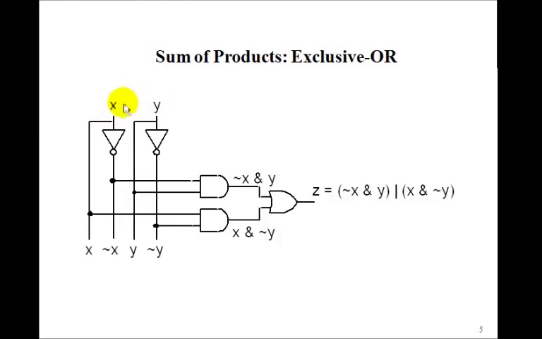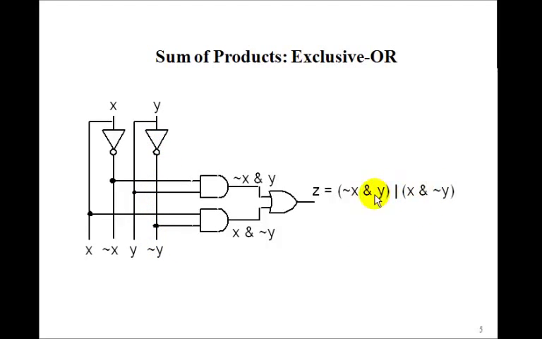We'll make our inputs come in from the top, x and y, and then you can think of these lines as being wires, so this wire here is just x anywhere along this wire. We'll put an inverter here, so this is NOT x along this wire. For y, we'll just bring a wire down here, and another inverter makes this NOT y.